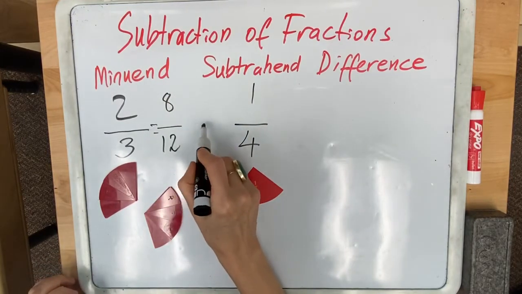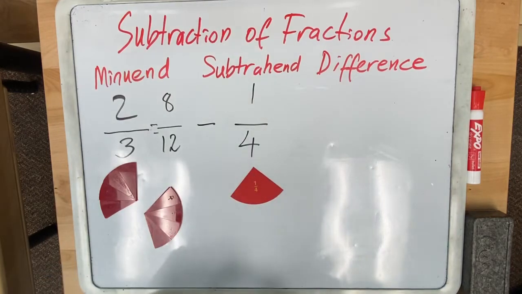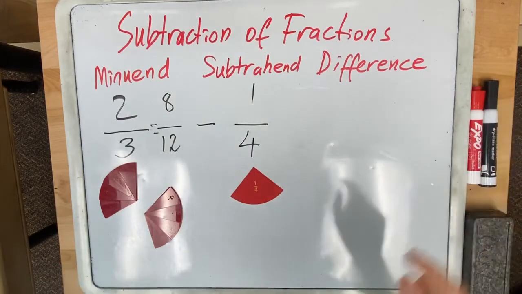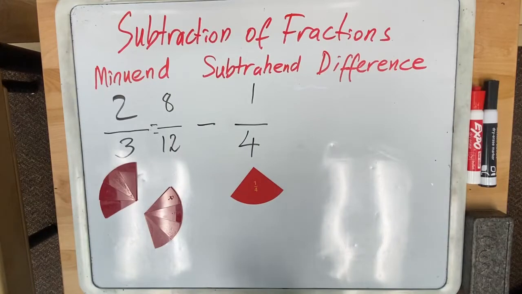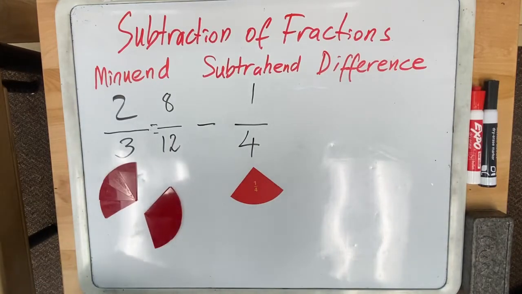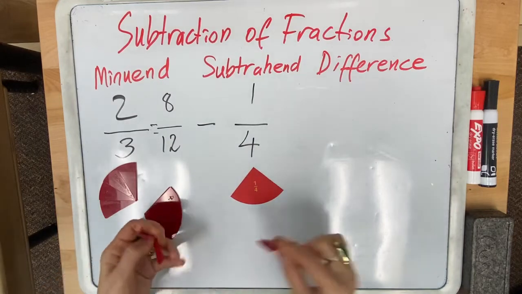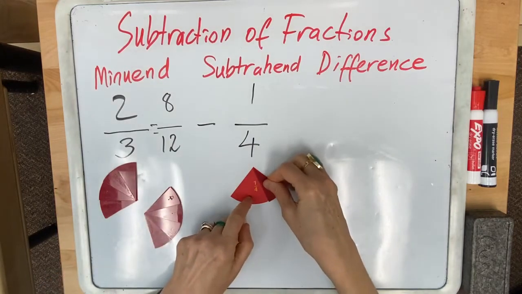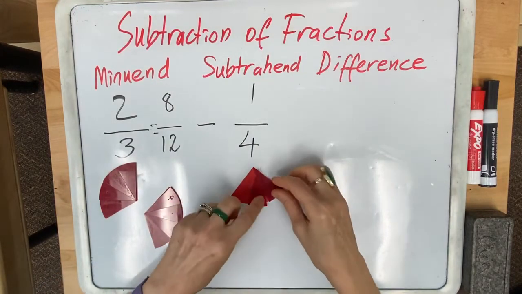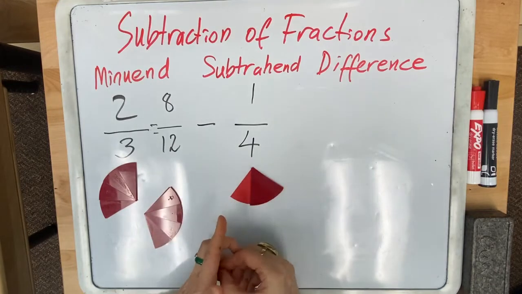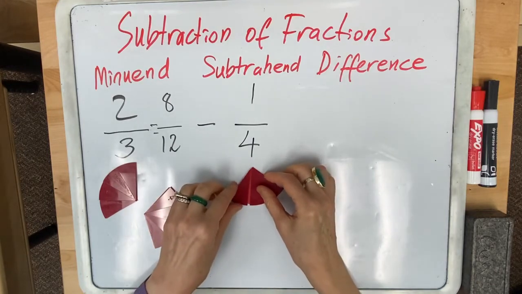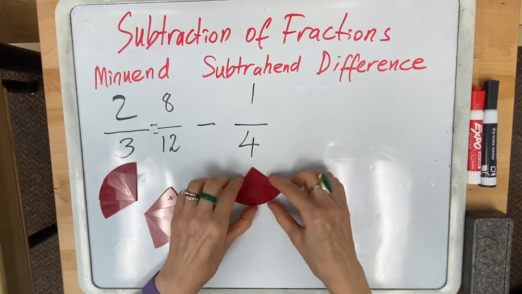And subtract. So 1/4. How many 1/12ths will it take to cover 1/4? 1, 2, that's right, it's 3 12ths.